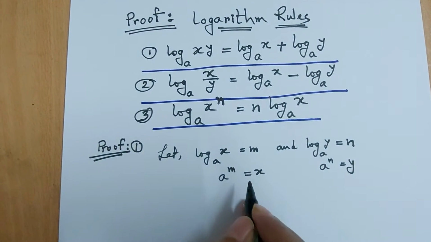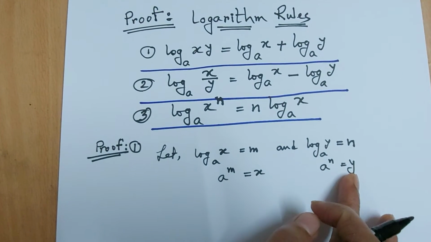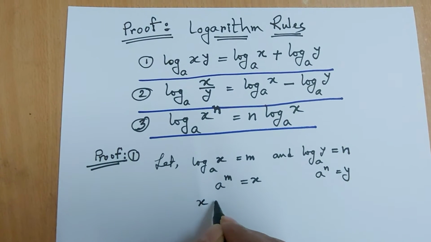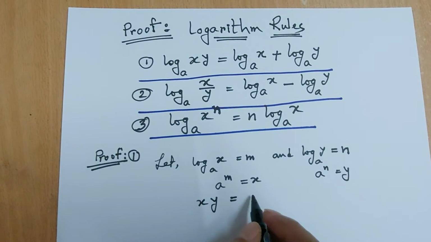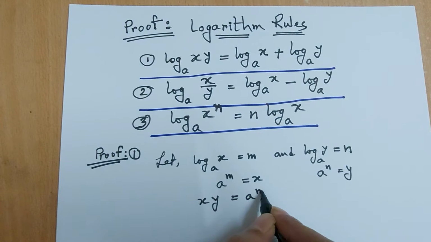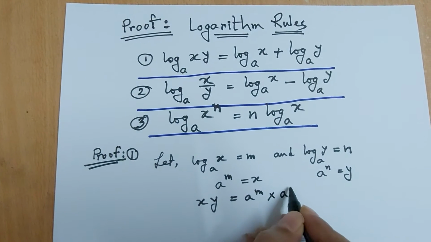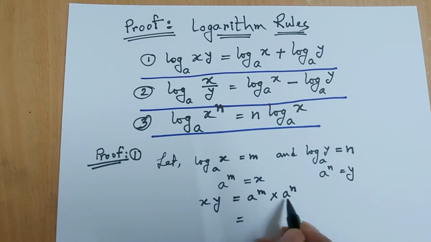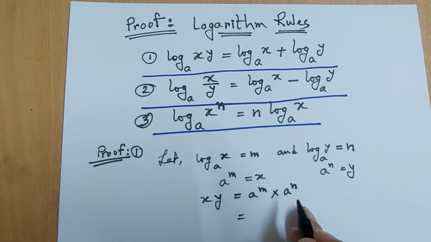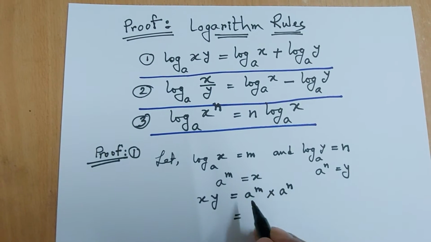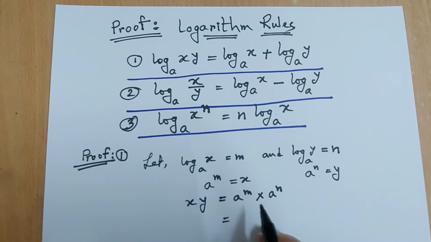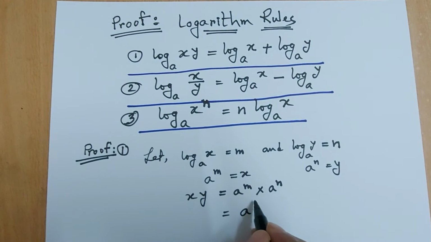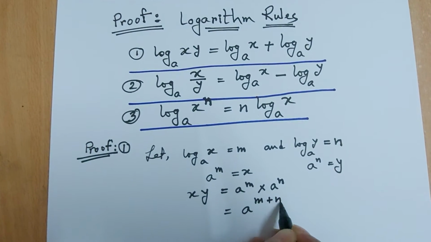And now I will multiply x and y. So we find x times y equal to a power m into a power n. And we know in exponential rules, if the same bases are multiplied, then their powers should be added. So it will be a power m plus n.